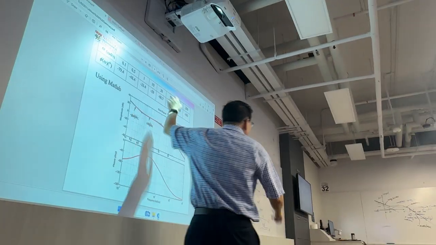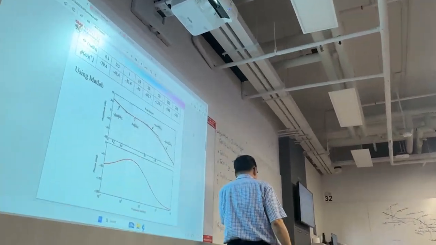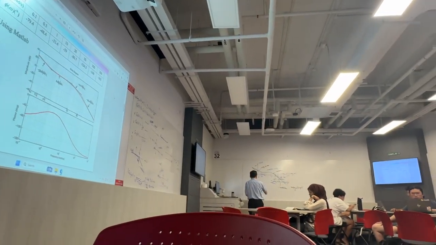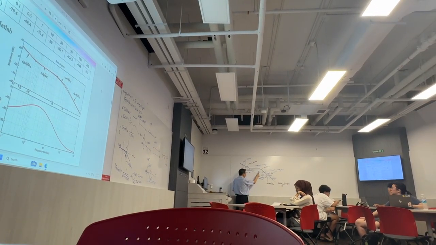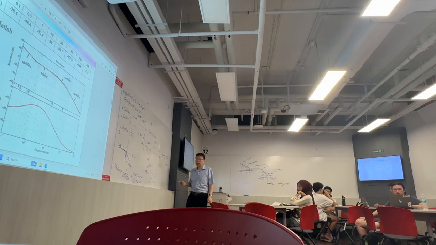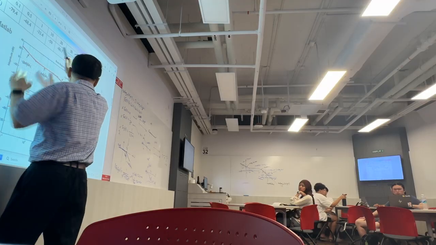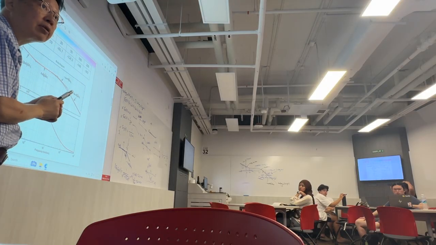Once you have identified all the corner frequencies, 0.5, 10, and 50, then you need to use a range to cover all of this. So when you construct this table, you use this range to cover all the frequencies.